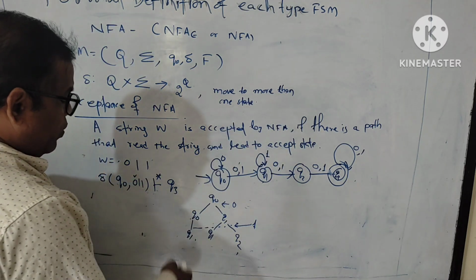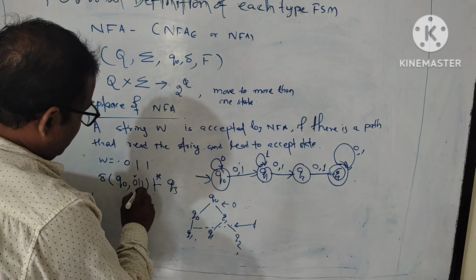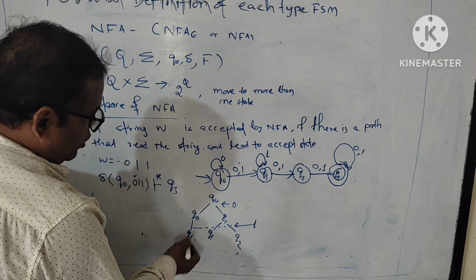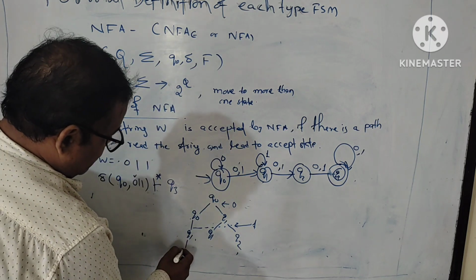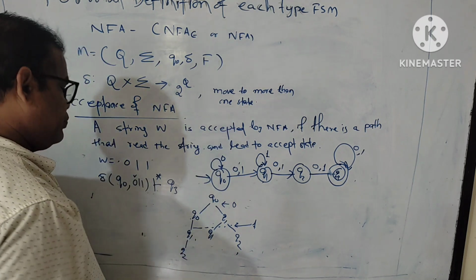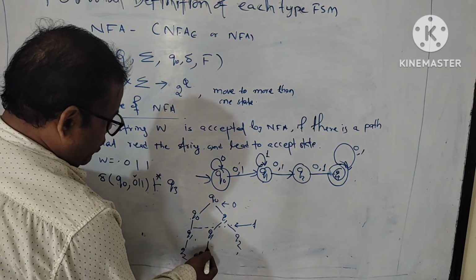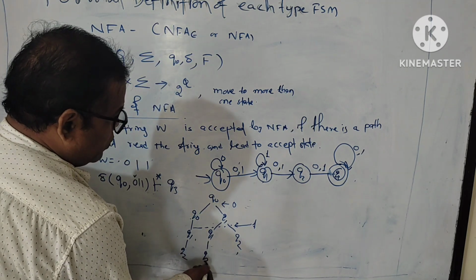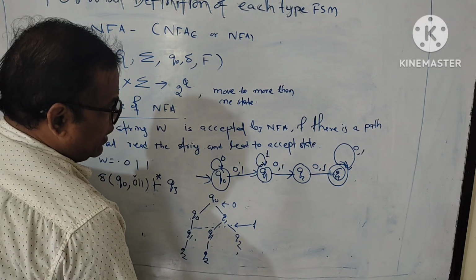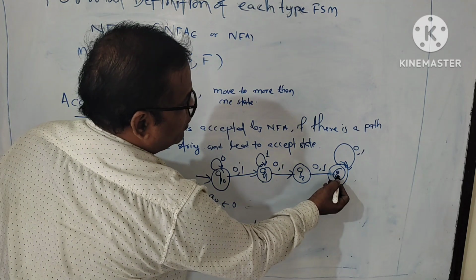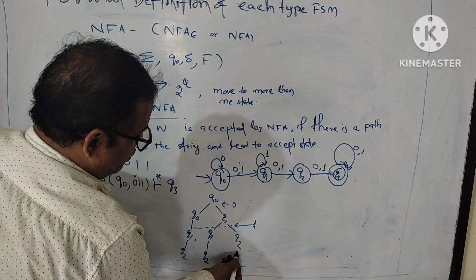Next, look at what is happening. If you give 1, Q1 takes you to Q2. Similarly, Q1 will take you to Q2. And from Q2, you can go to Q3.